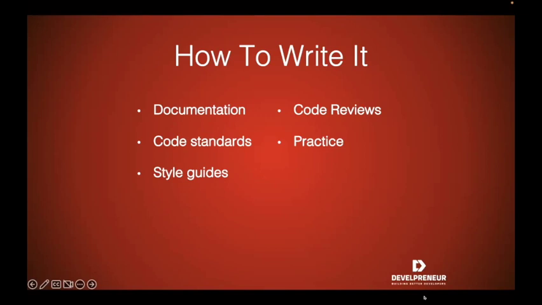The next piece you need to write readable code is coding standards. These define how we are going to write our code. What are the different requirements, based on our language, our environment, and our architecture, that we should follow so that every time we bring in a new developer, they know how to write the code and what to expect when they're looking at it, and everyone is following the same template as they write their code?